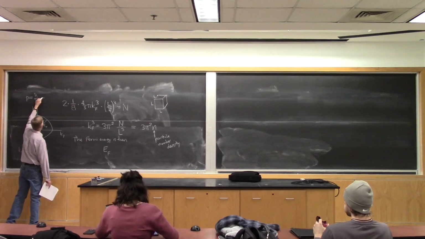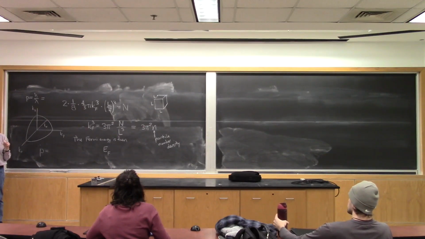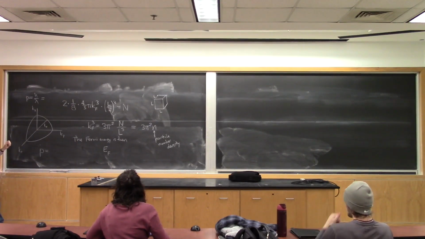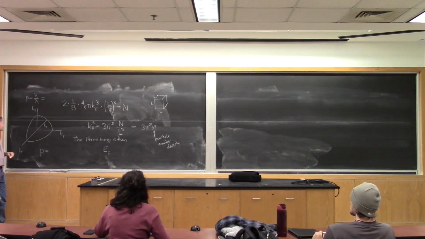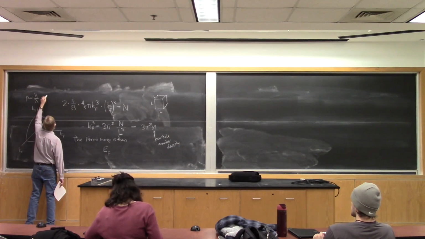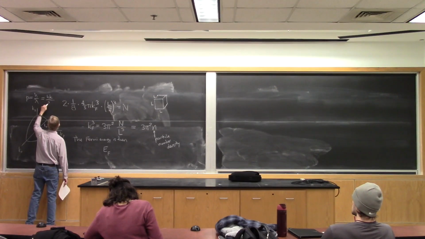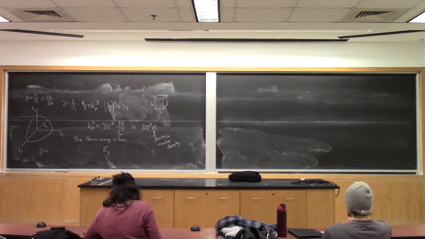So let's see. How's lambda related to k? Yeah, lambda is 2 pi over k, right? k is 2 pi over lambda, lambda is 2 pi over k. So this is going to be h k over 2 pi, since k is 2 pi over lambda, so 1 over lambda is k over 2 pi.